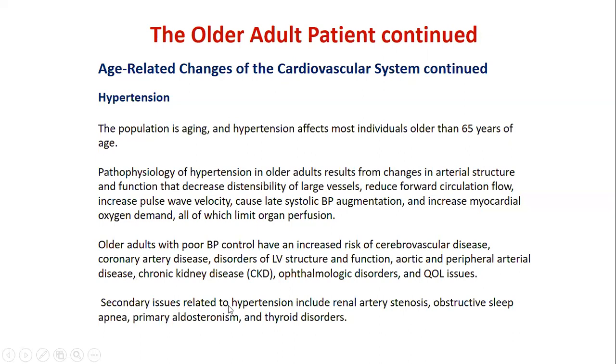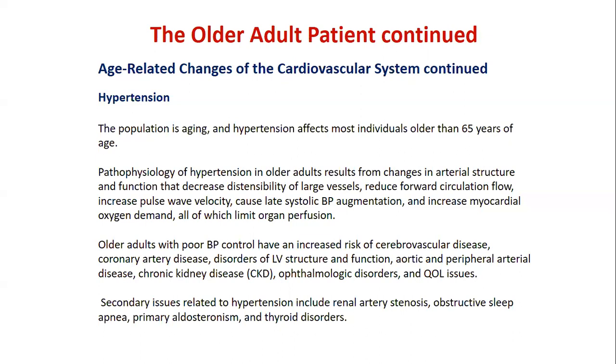Next, secondary issues related to hypertension include renal disease, obstructive sleep apnea, primary aldosteronism, and thyroid disease. Keep it in mind. If a patient has high blood pressure and high blood sugar, meaning diabetes, it can lead to kidney failure or kidney function impairment, and kidney impairment in turn alters the blood pressure, right?